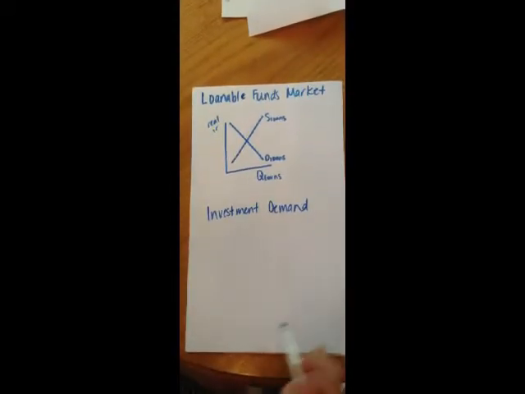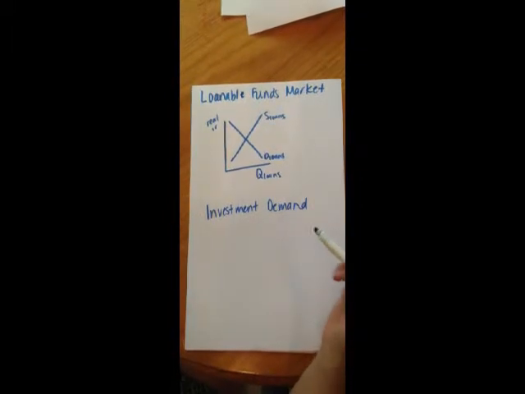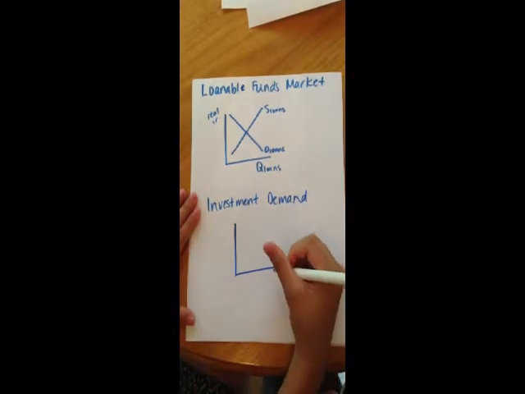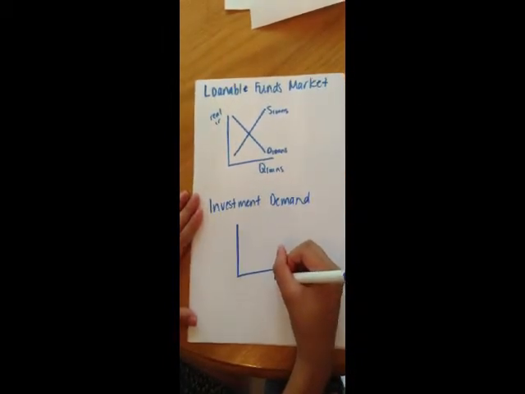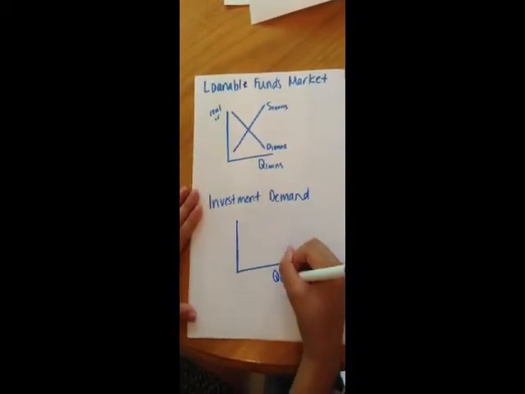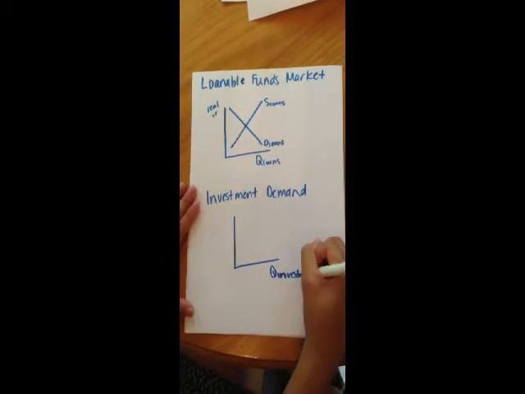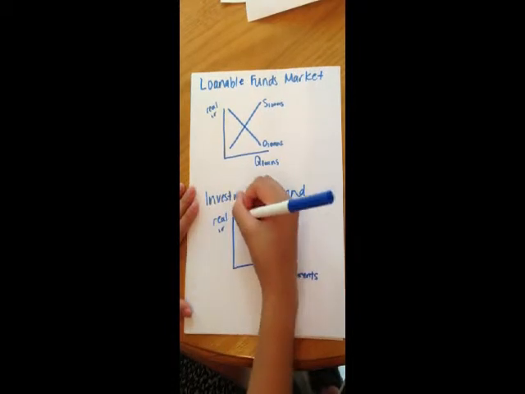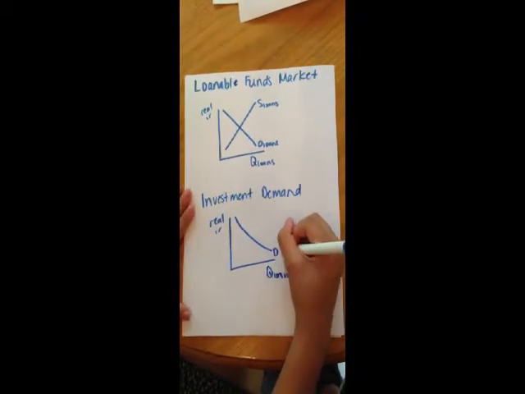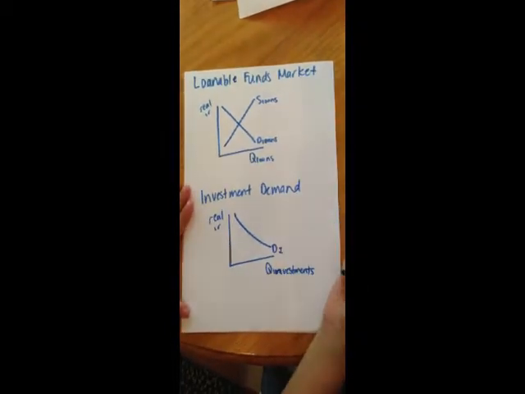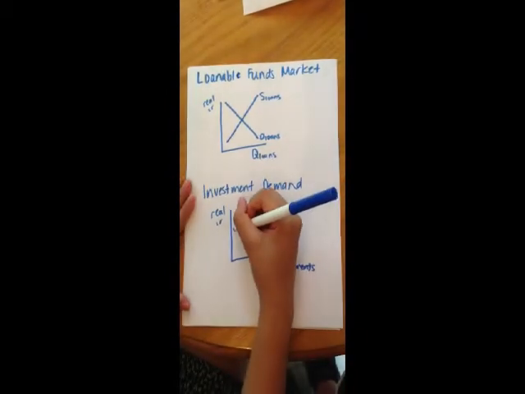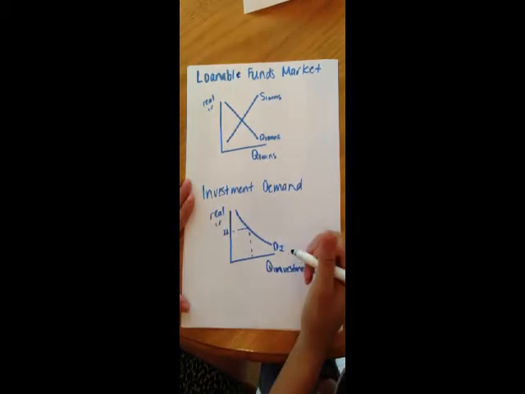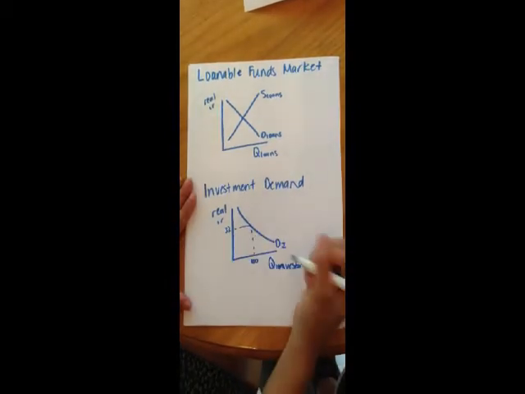So when the supply and demand of loans change, it's going to affect the investment demand. That graph is quantity of investments and real interest rates, and all it is is a downward sloping demand curve of investments. So say you start at a 3% real interest rate and the quantity of investments is 100.